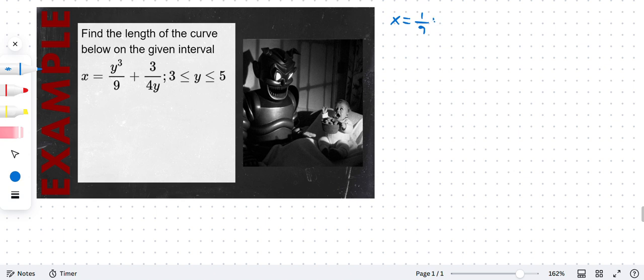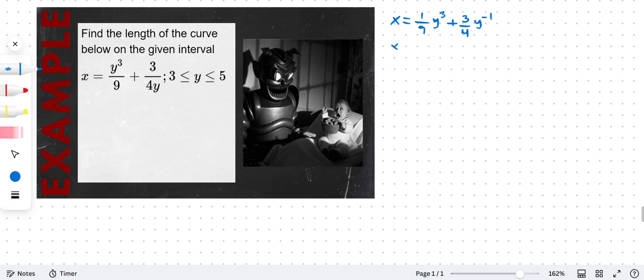So 1/9 y to the third plus 3/4 y to the negative 1. All right, so we can go ahead and easily take that thing's derivative.